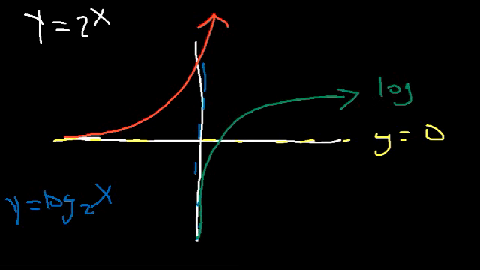So this is log, and this is 2 to the x. As you can see, an exponential function increases at an increasing rate, whereas a logarithmic function increases at a decreasing rate. Now, exponential functions have horizontal asymptotes, which means that the range is restricted.